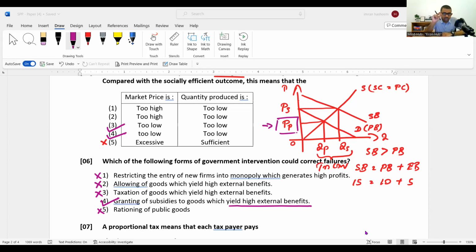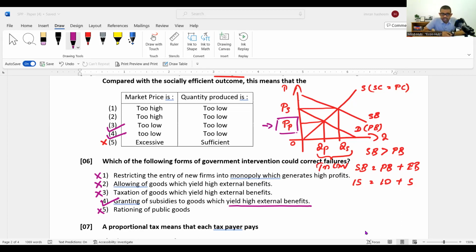If you go and look at your Unit 8 note, the note I have given where we have learned market failure, before we write the reasons for the market failure, there is a small intro given. In that intro, it says the main reason for resource allocation inefficiency, market failure, is markets moving away from competition. So that is what is happening there.